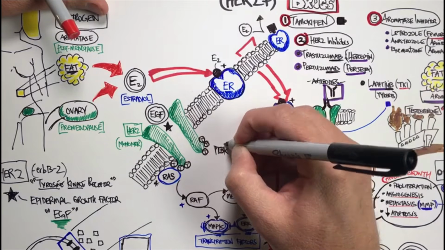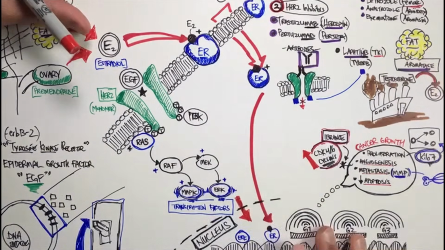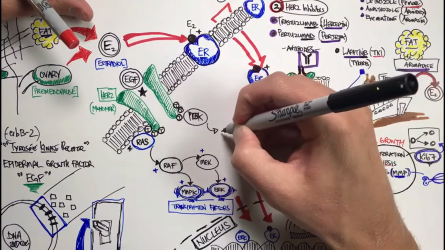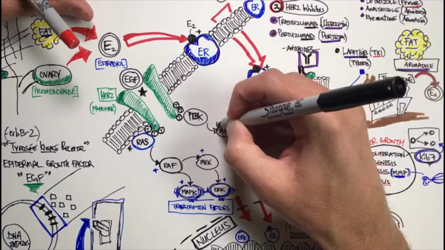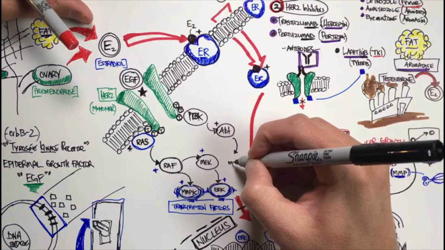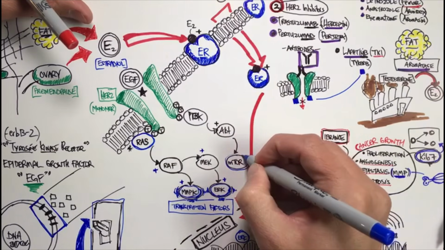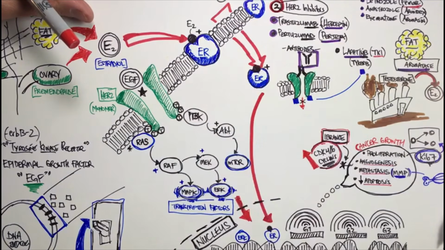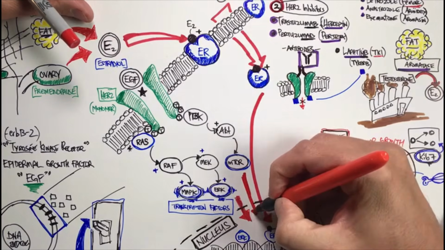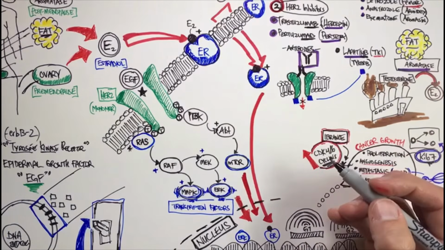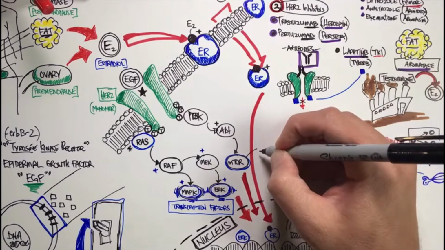Actually, I forgot to draw this one in. The HER2 receptor can stimulate PI3K, which stimulates AKT, which ultimately stimulates the mTOR protein internally. And mTOR, again, can drive cell growth. So it can actually be a real dominant factor, again, turning on genes.